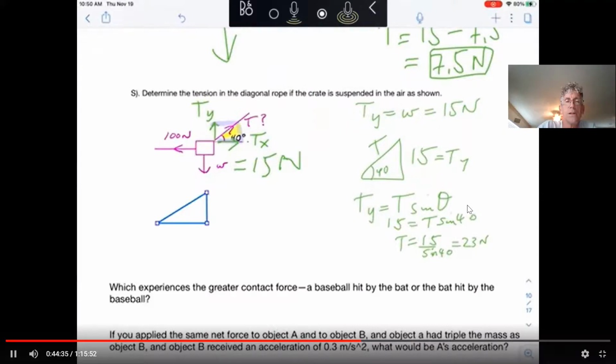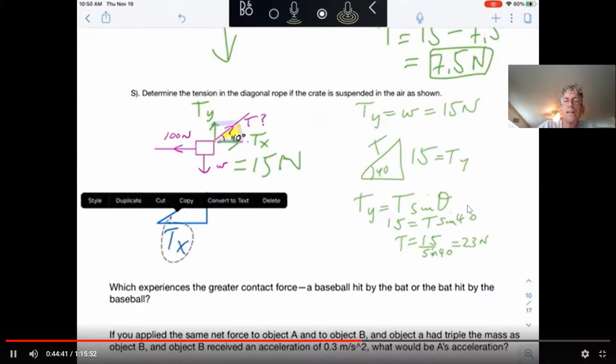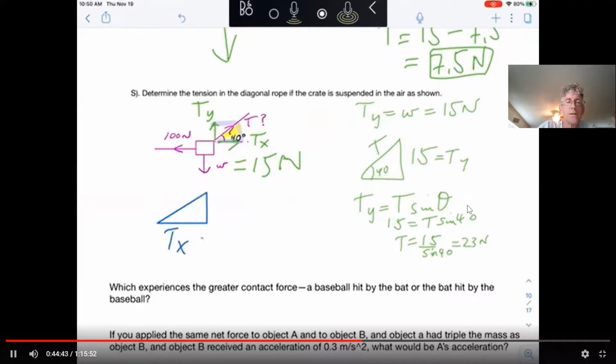It has to be the same as Tx. So what is Tx? I didn't find it yet. Tx is T times cosine of 40.